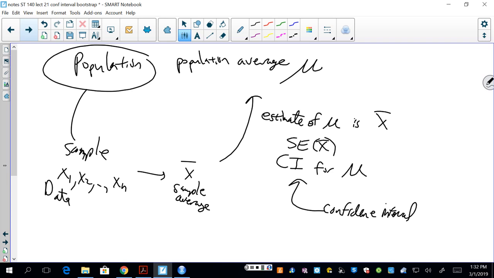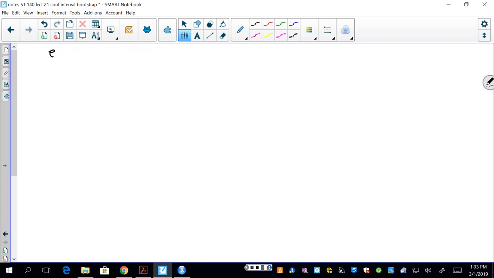Let's motivate this with an example. We're going to look at some outcomes today related to pregnancy. And so the first example looks at length of pregnancy.